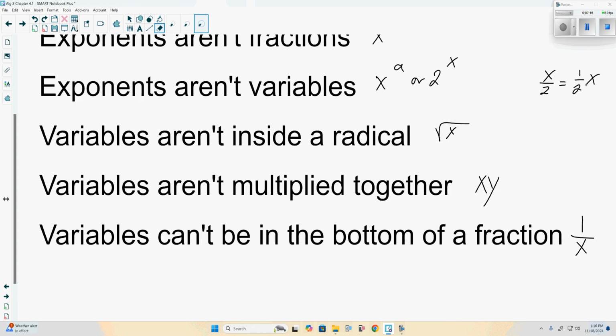So those are fine. It just cannot be in the bottom of the fraction.